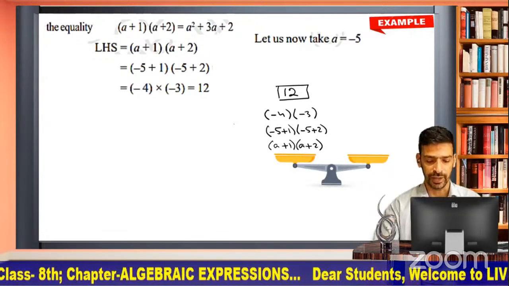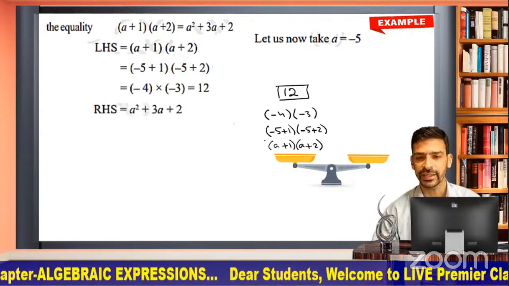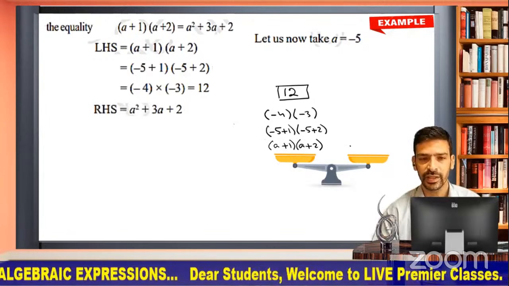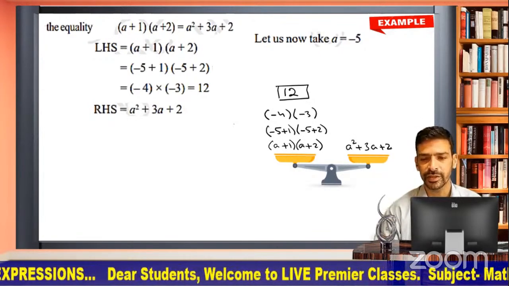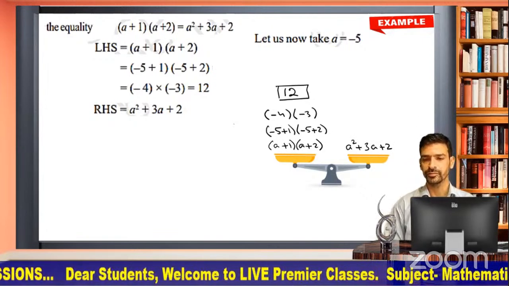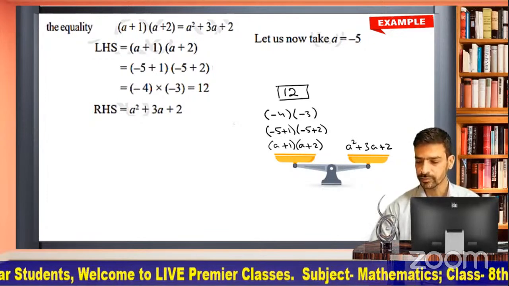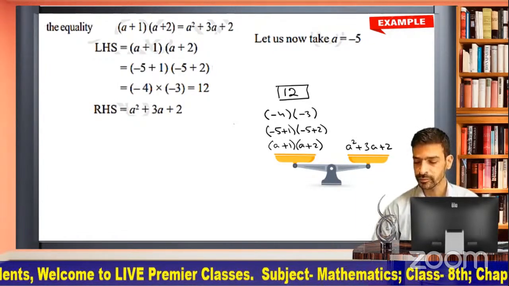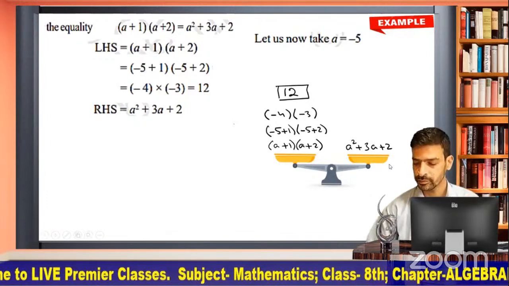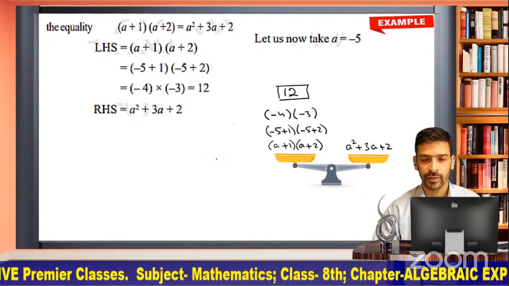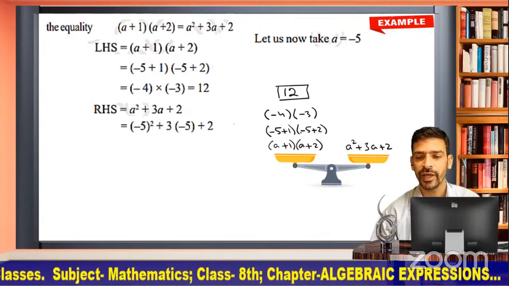हमारे पास 12 है. Let us solve it for right hand side. It is a square plus 3a plus 2. We substitute the value here.